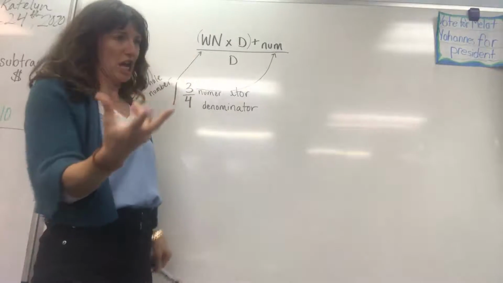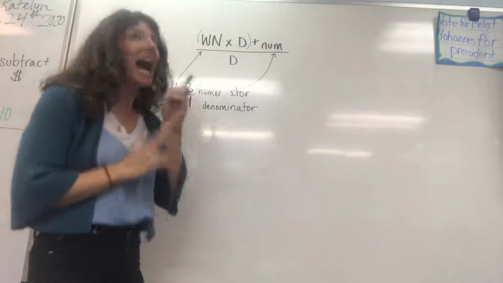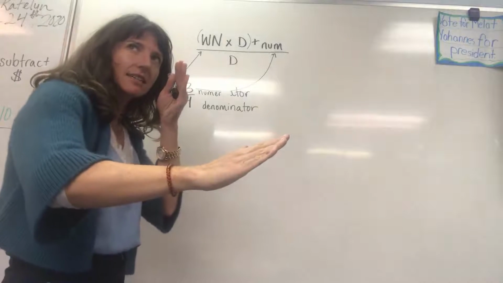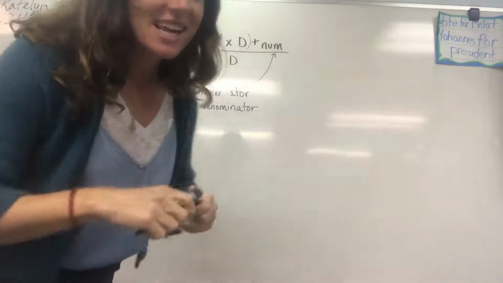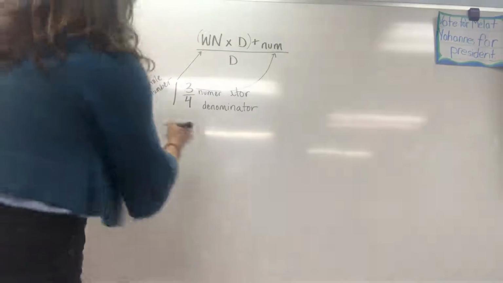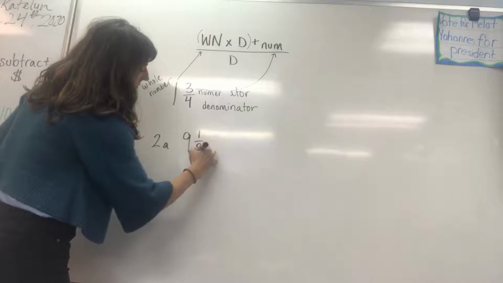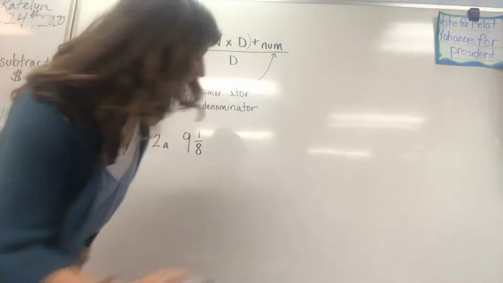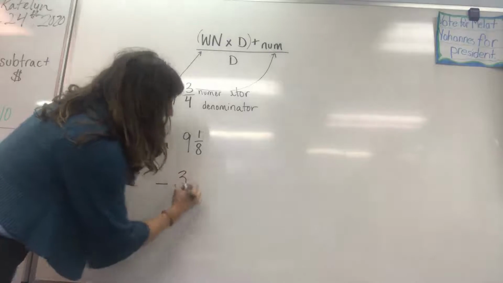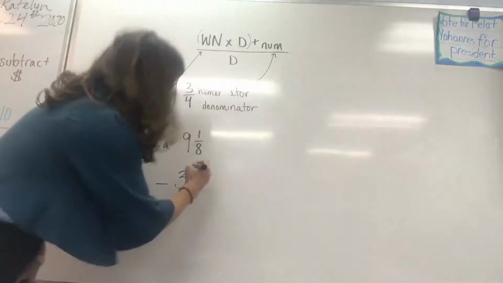Section 2, subtract carefully. Here we go. The book says 9 and 1/8 minus 3 and 3/4.